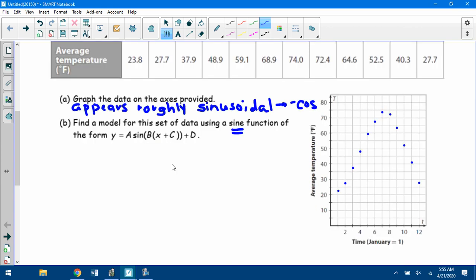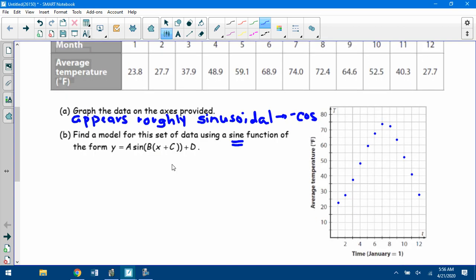All right, so most of this is what we did yesterday. So if I want to find the amplitude, that A, how do I do it? That's max minus min divided by 2. So we've got to use our data. What's the maximum? I said that was July, right? And what's the minimum? Looks like January.